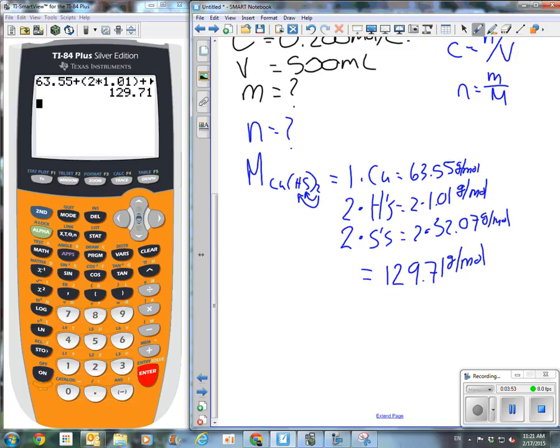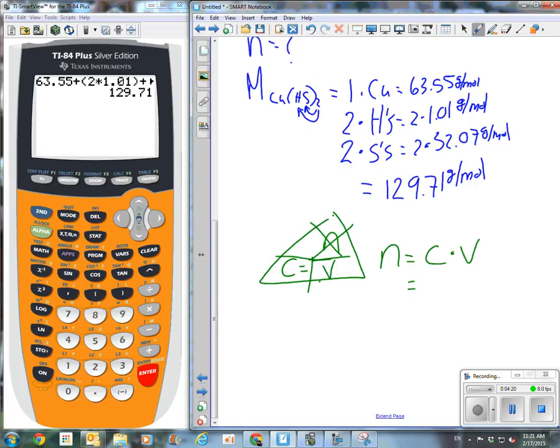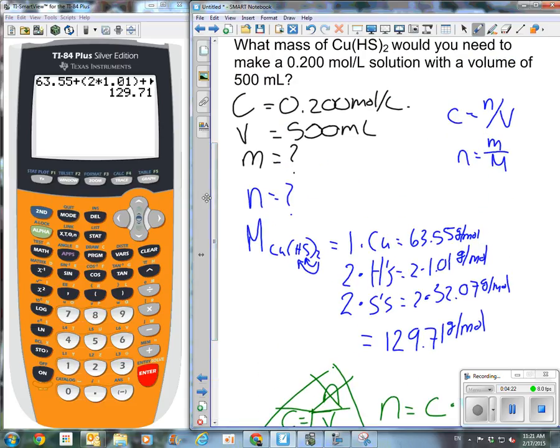Now I need to figure out n. I'm going to use the formula C equals n over V, and rearrange this to isolate n. So n is equal to C times V. Now I have an issue: liters and milliliters, that's not going to work.